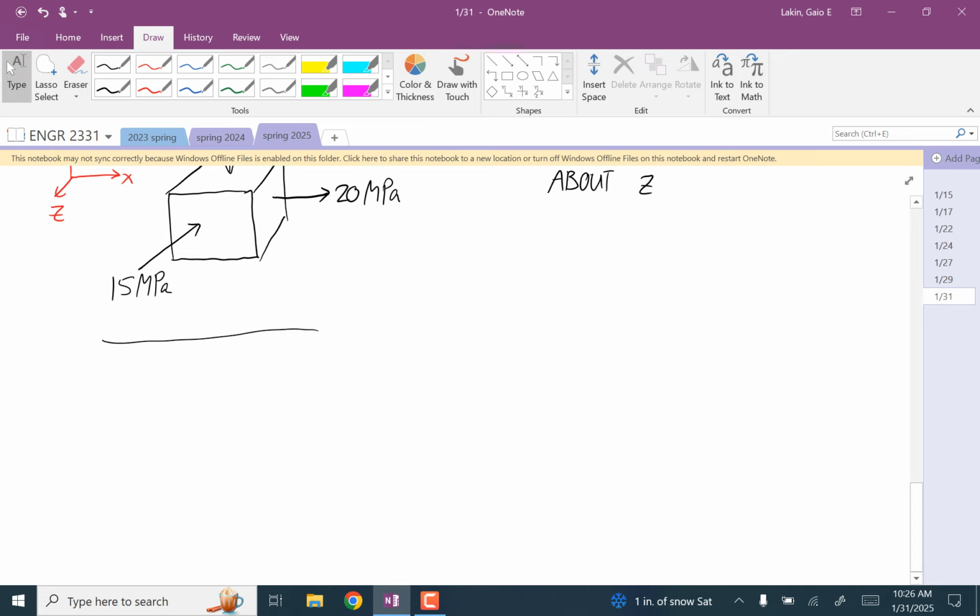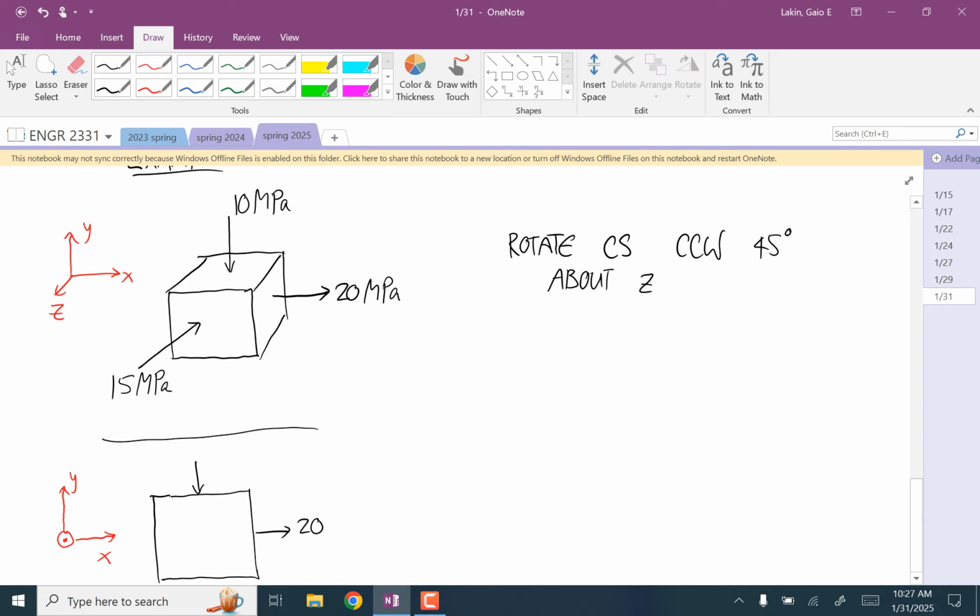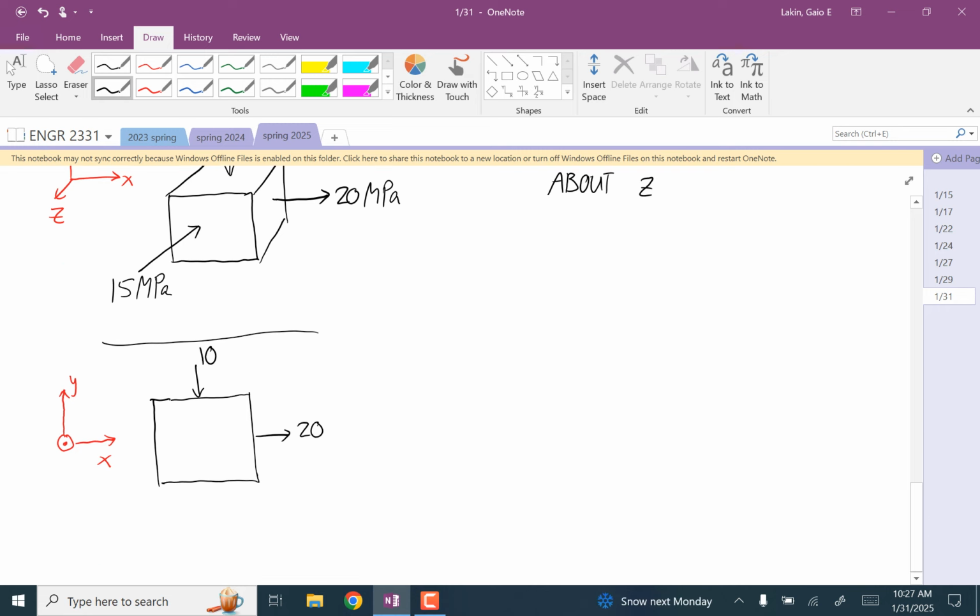Okay, so if I redraw this stress cube, I'm going to draw it straight on. I'm going to think of this as z coming out, x and y. And I have 20 here, 10 here, and 15 here.